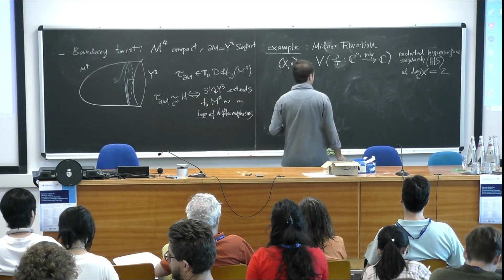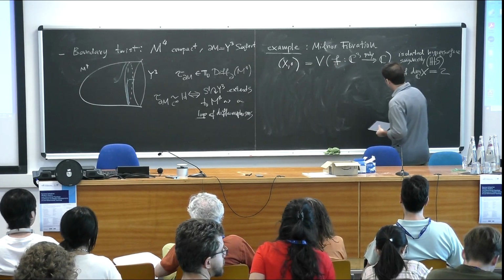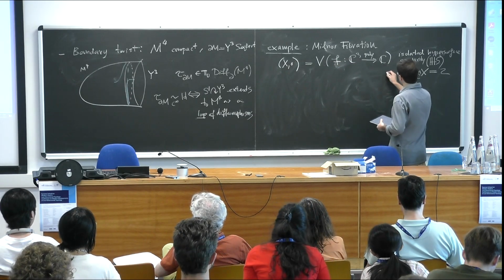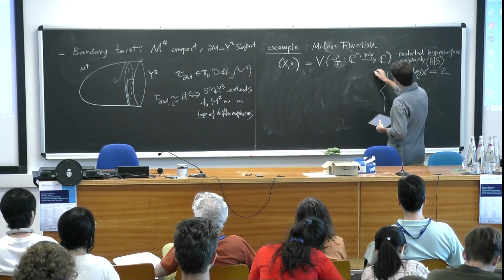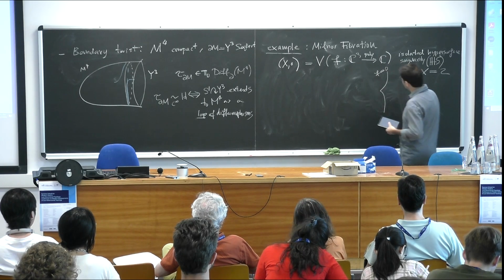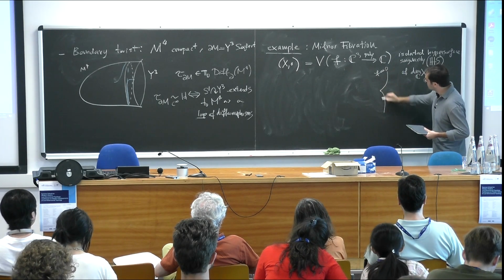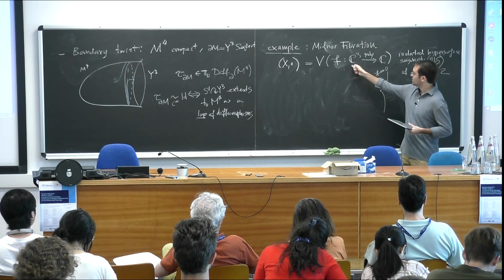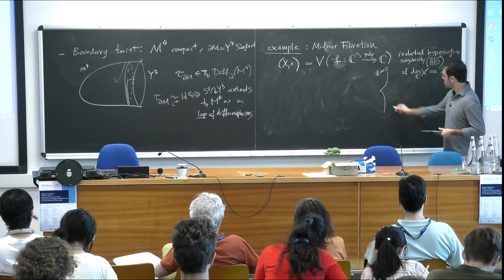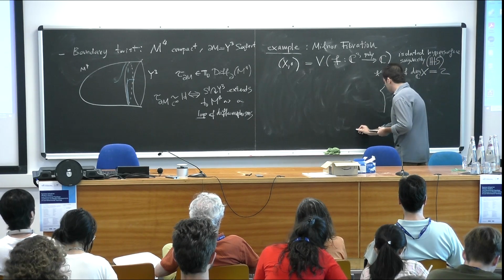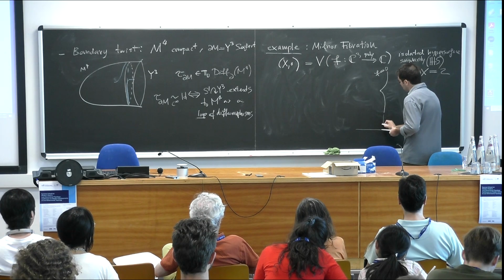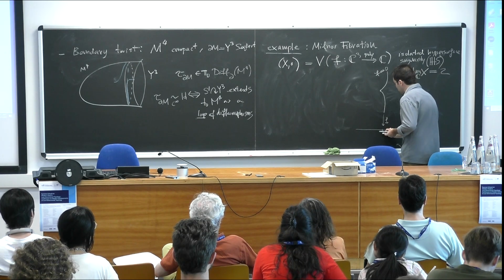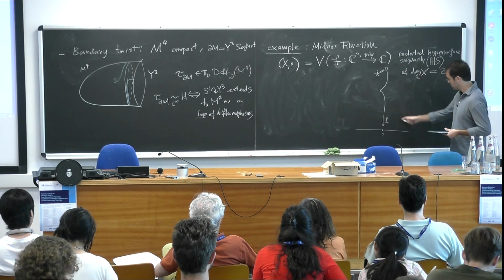So what's the Milnor fibration? The equation f equals 0 describes some hypersurface in affine space C3 with an isolated singular point. And this is the fiber over 0 of our map f.